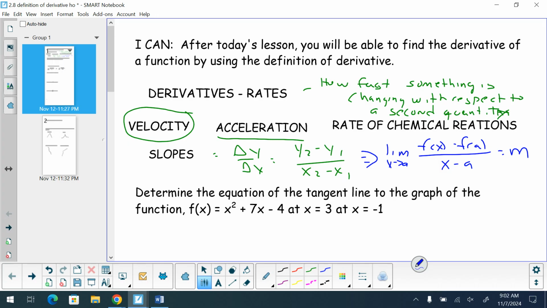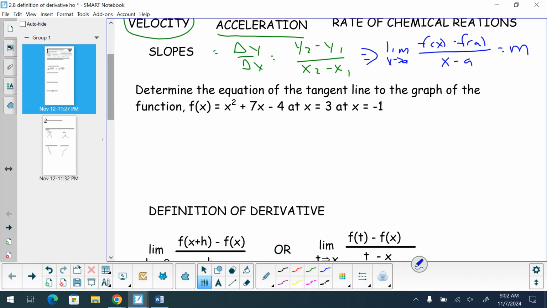Well, what I have here is I have determined the equation of a tangent line of a graph of the function. We're going to go back to what we just talked about. What I want you to determine is the equation of the tangent line at x equals -1 of the function x squared plus 7x minus 4.